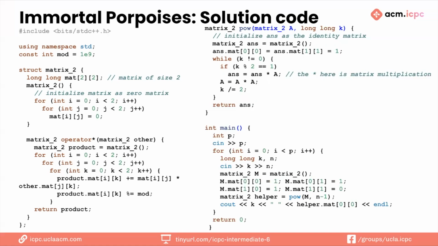We initialize matrix M, and we set its values to our recurrence matrix 1, 1, 1, 0. Then we simply take it to the power n minus 1 using the pow function for fast matrix exponentiation. And finally, we output the leftmost, topmost entry of that matrix.